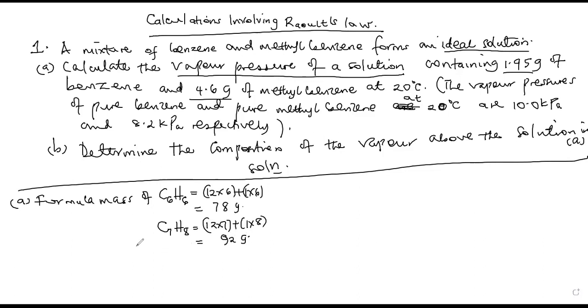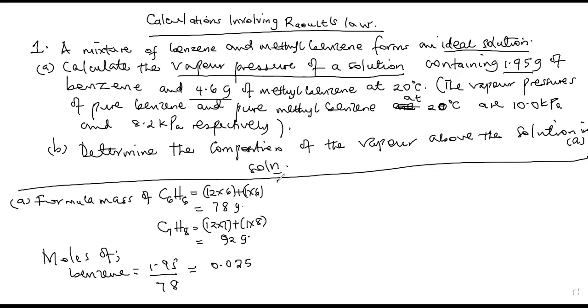So we can easily get the number of moles of benzene. Moles of benzene are equal to the mass of benzene, 1.95, divided by its formula mass, which is 78. So this will give us the moles of benzene as 0.025.